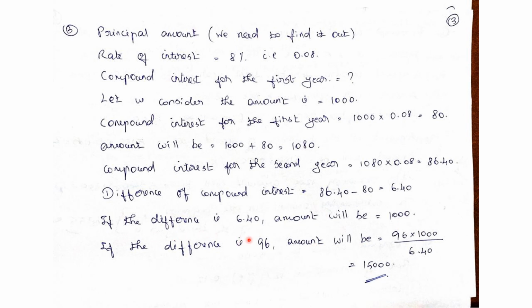If the difference is 6.40, the amount will be 1,000. So if the difference is 96, which is given, the amount will be 96 into 1,000 divided by 6.40. You will get 15,000. We'll see the next question.